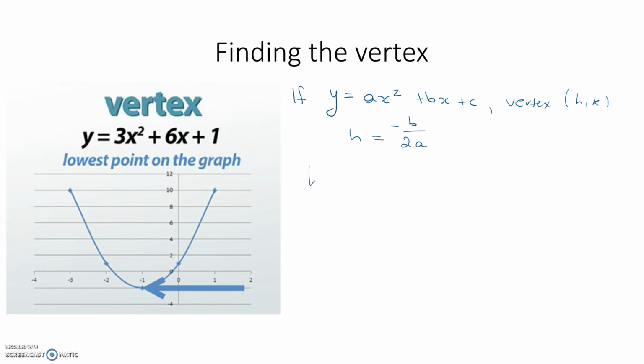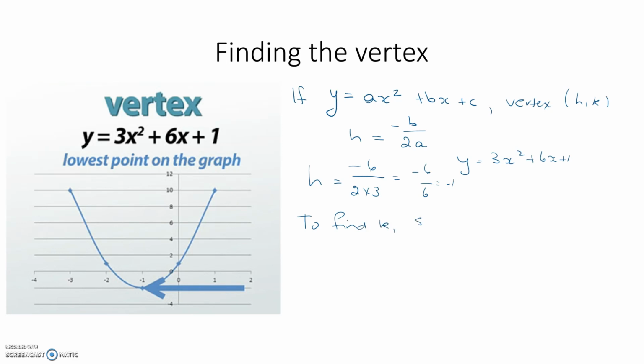In this example, we've got y equals 3x squared plus 6x plus 1. So h is equal to negative 6 over 2 times 3, which is negative 6 over 6, which is negative 1.